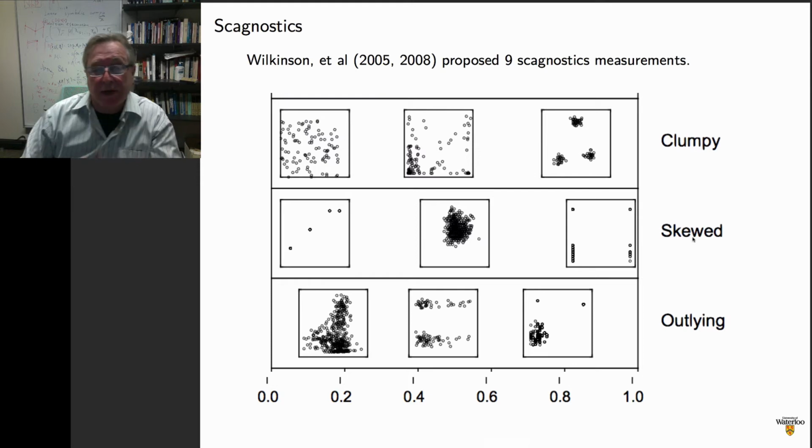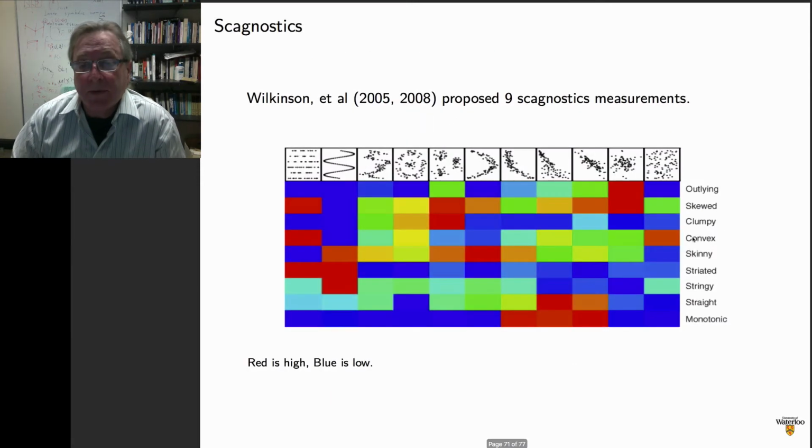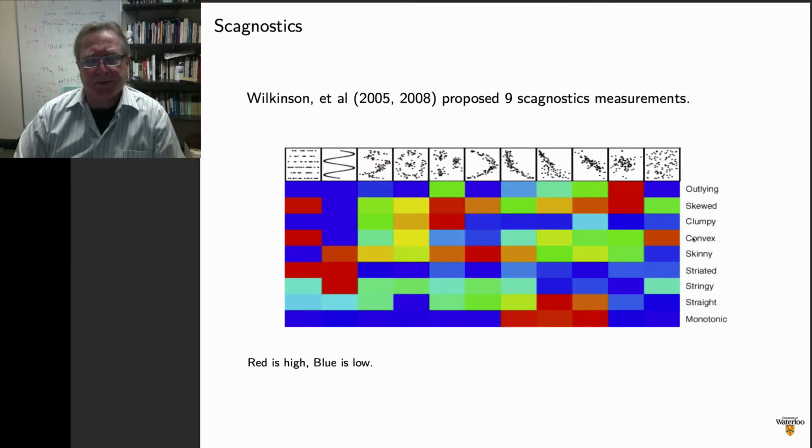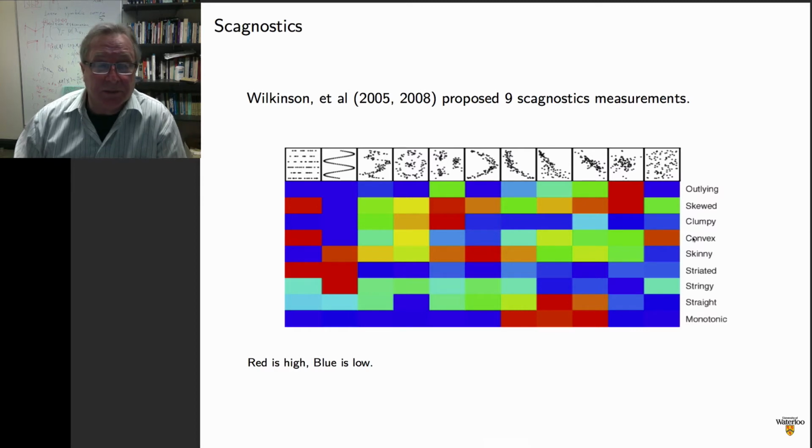So those are the 9 scagnostics measures, and of course they're not completely independent. So Wilkinson et al. also provide this chart, where in the top row we've got all of these different possible scatter plots, and in each column we have the measures outlined through monotonic.